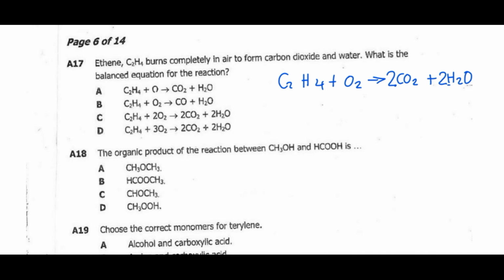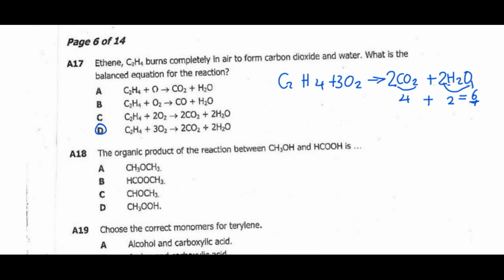Then let's look at the total atoms of oxygen. So 2 times 2, here we have 4, then 2 times the one here we have 2. So we can see that on the product side there are 6 atoms of oxygen. So we need to put a 3 here so that we are able to get the same. So which one is our answer according to that? So our answer is D.